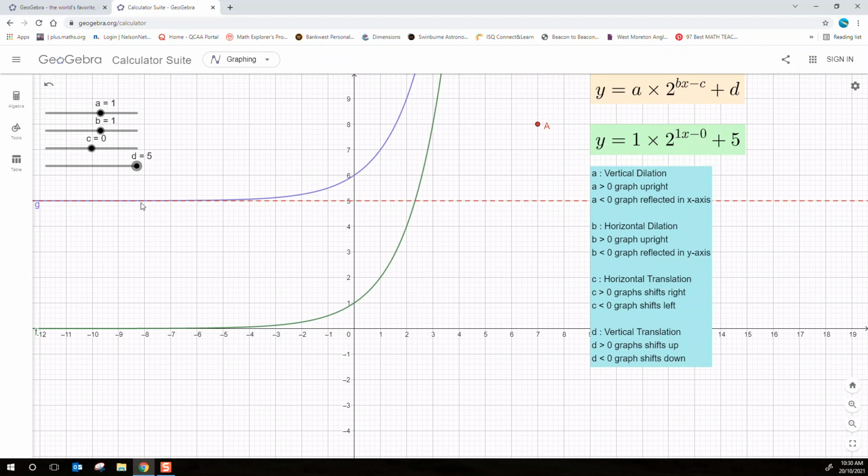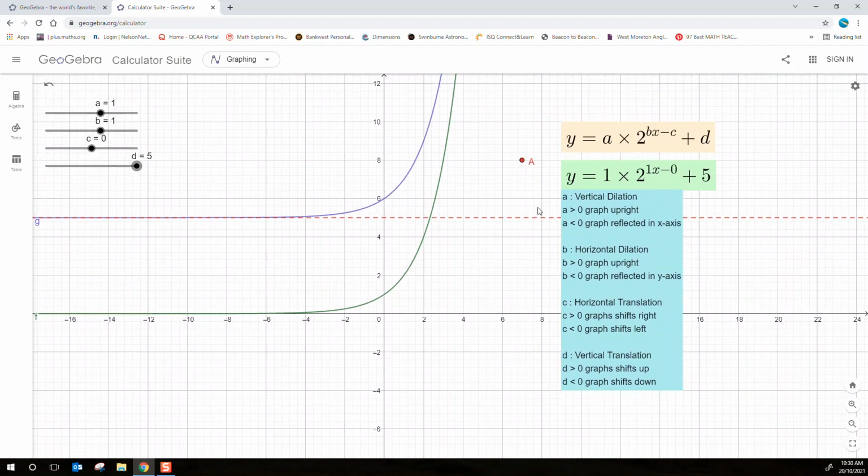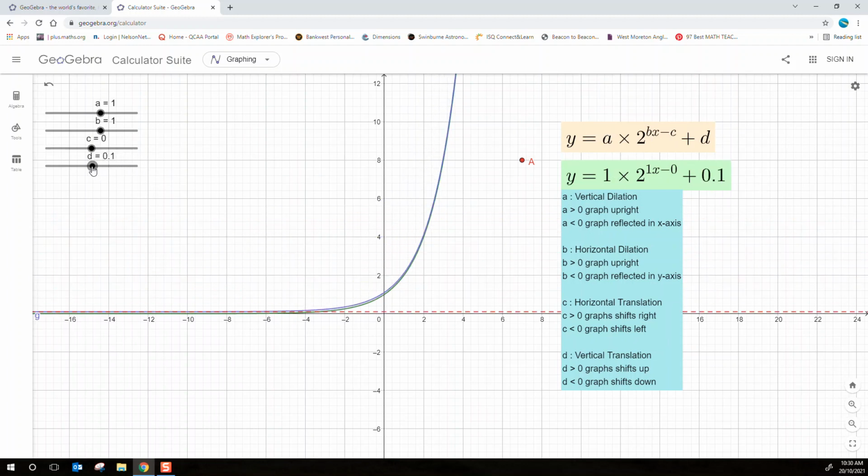So there's a quick rundown of what these transformations do. There are 4 transformations, signified A, B, C, D. A controls the vertical dilation, B the horizontal dilation, and dilation means stretching or compressing. It changes the shape of the graph. C is a horizontal translation, that's just a shift.